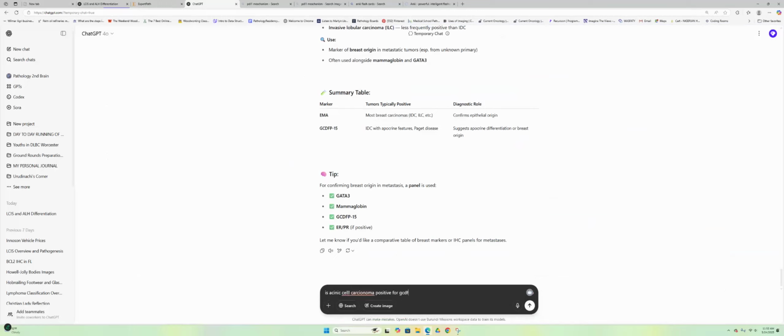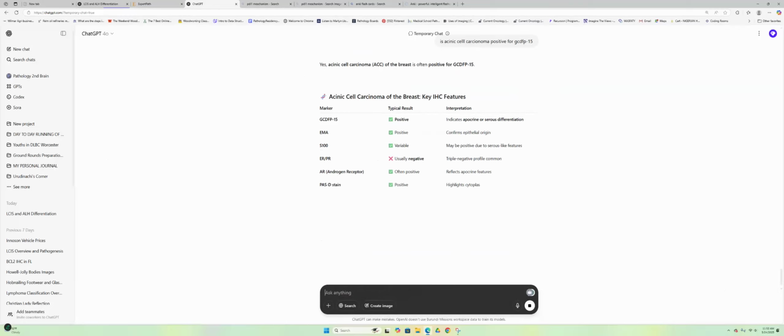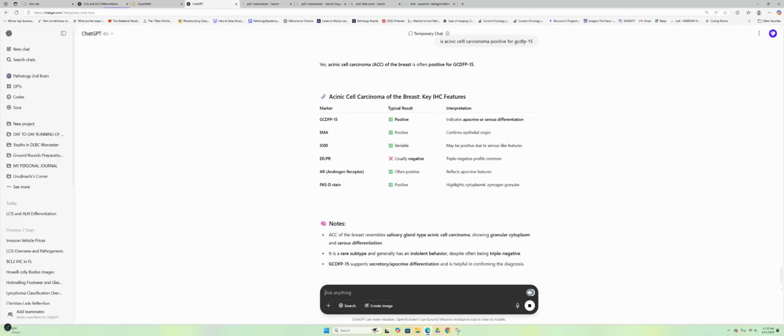Yes, because it has apocrine features. So EMA is even positive. Apocrine carcinoma has EMA, GCDFP, even S100; ER and PR will be negative. Androgen receptor will be positive.